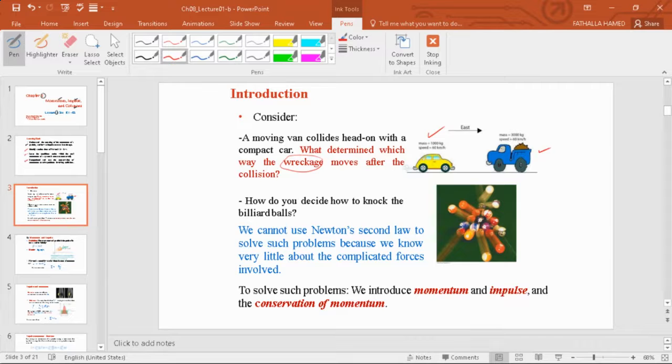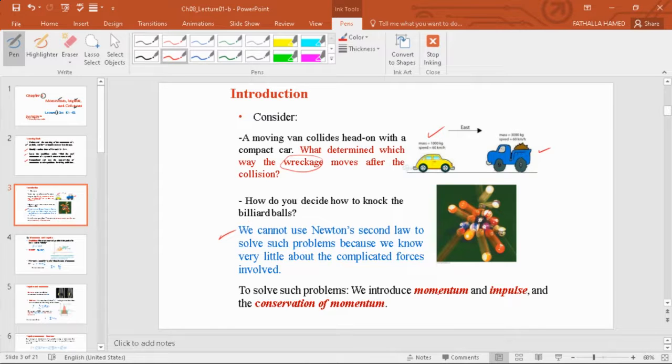Or how would we decide if we have billiard balls and you knock them and they go in different directions? We cannot use Newton's second law to solve such problems because we know very little about the complicated forces involved in situations like this.